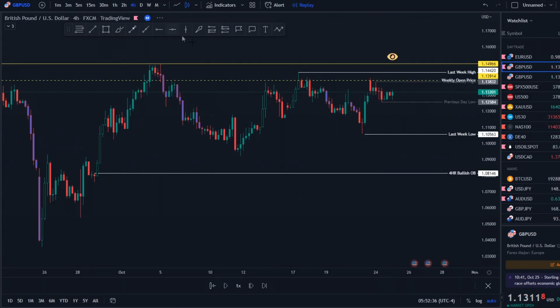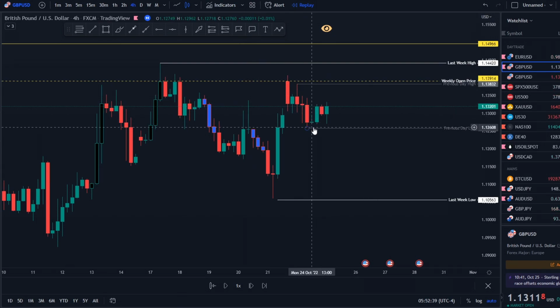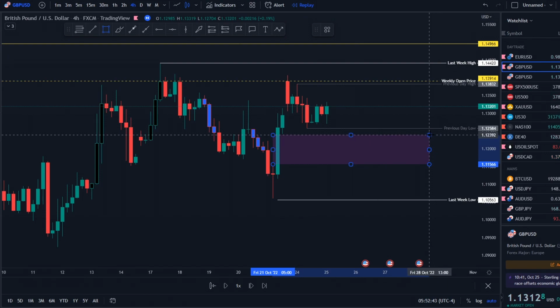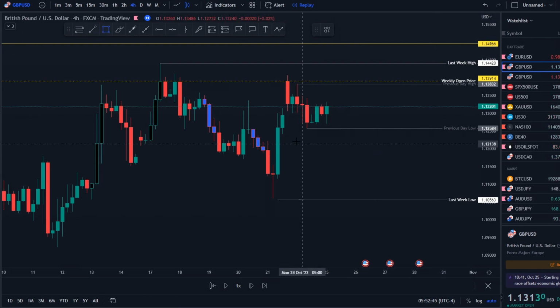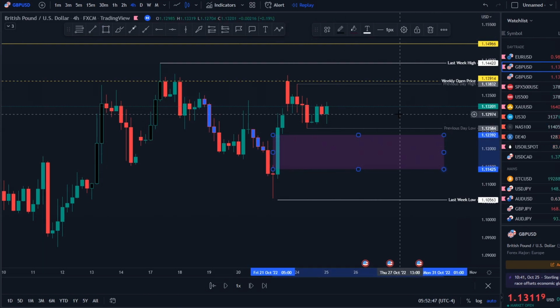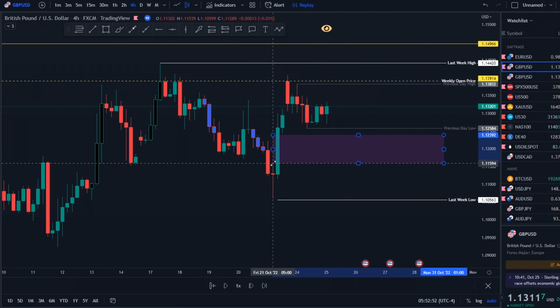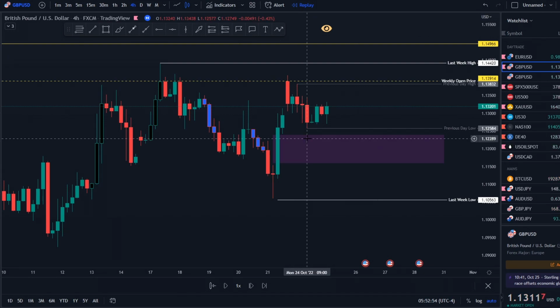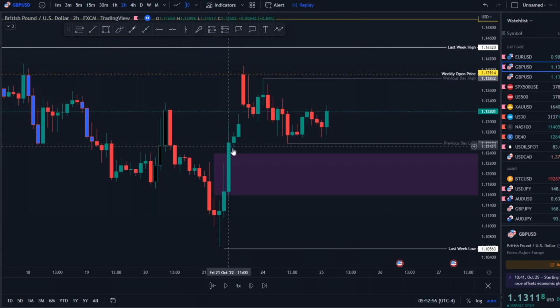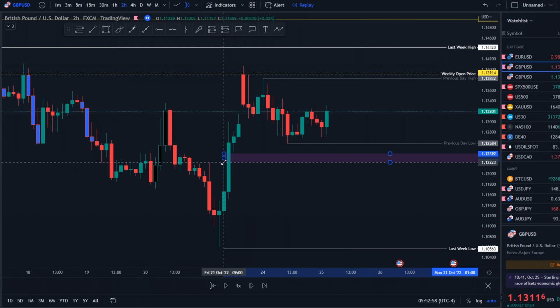What I was hoping for is that we're gonna go down and tap into this liquidity here. There's an imbalance here in price on the 4 hour. You can still see it on the 2 hour.